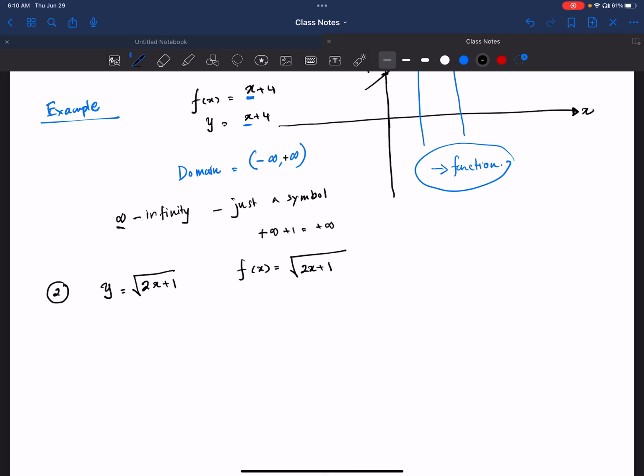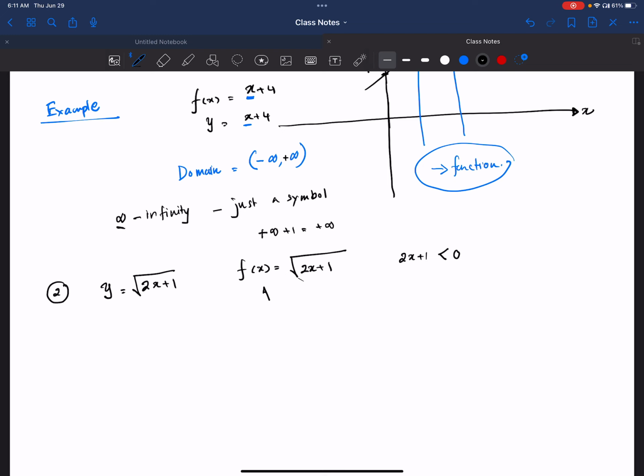A real value. So what if the content inside the radical is negative? If 2x plus 1 is less than 0, that means f of x, for those values, the function is not defined, because if you have a negative value inside the radical, it becomes a complex value.